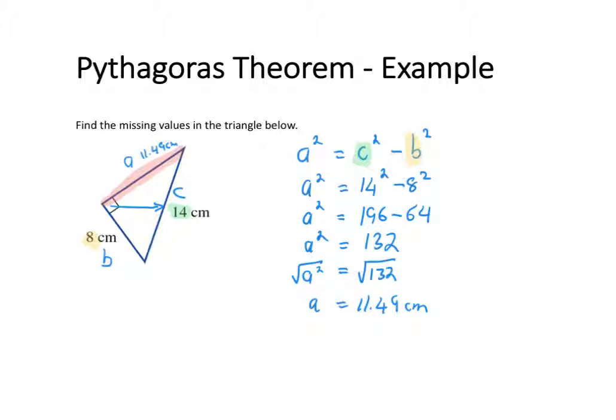So 11.49 is smaller than 14, so I can tick that common sense check off that it makes sense, and leave my answer at a is equal to 11.49 centimeters. If I got a value of a that was bigger than 14 centimeters, I need to go through and check my working because I've made a mistake. So a is equal to 11.49 centimeters.